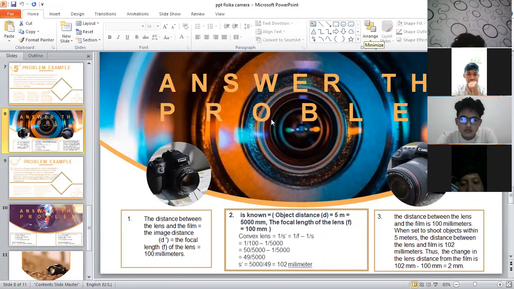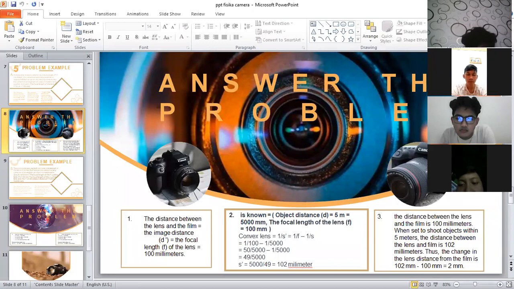Object distance, 5 m equals 5,000 millimeter. The focal length of the lens, 100 millimeters. Number 3, the distance between the lens and the film is 100 millimeters.